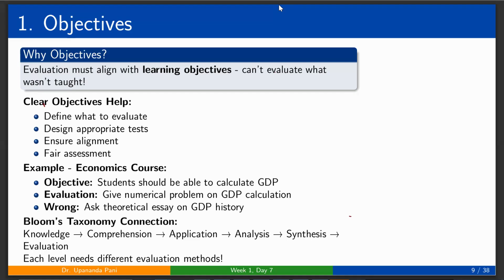So each level needs different evaluation methods. Suppose, for example, if you want to evaluate synthesis, then obviously you need a different evaluation method. The same method will not be sufficient. Okay? So that is why it is very crucial.